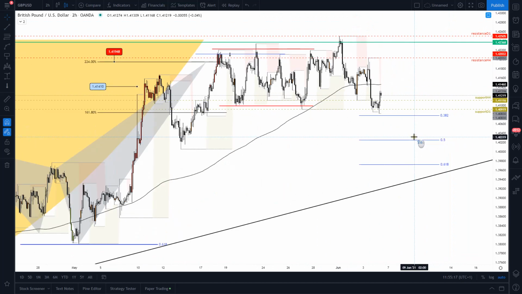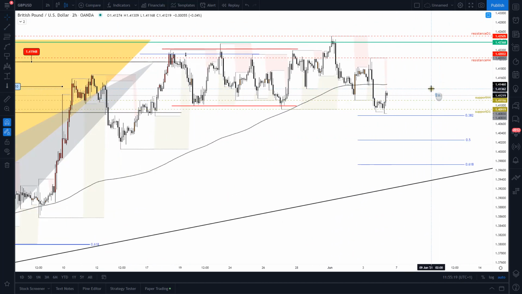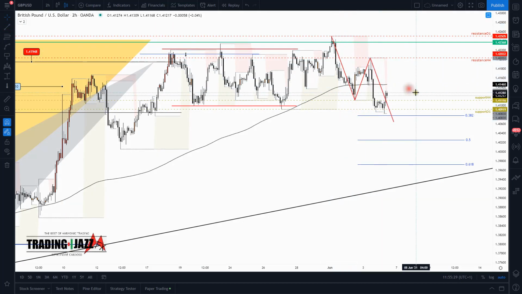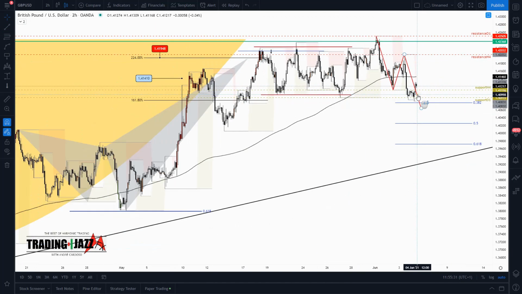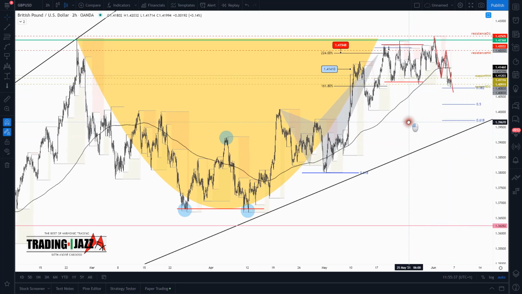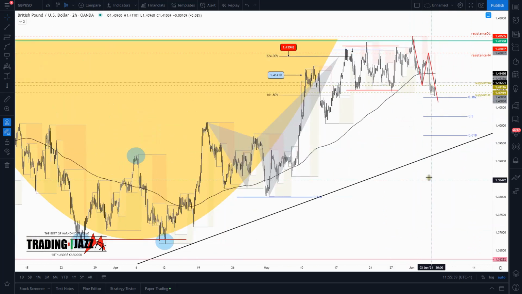As I said before, in the long term I maintain my bullish bias until the market proves me wrong. And at this point, I can expect something like a symmetrical ABCD pattern right there, or a symmetrical three-wave structure. If that happens, I will pay attention for a reaction at this price zone.